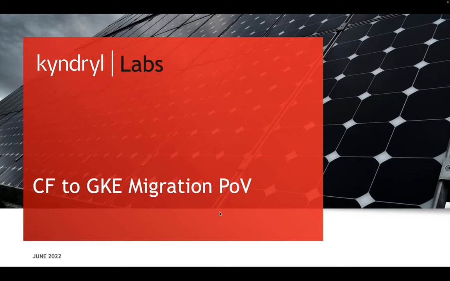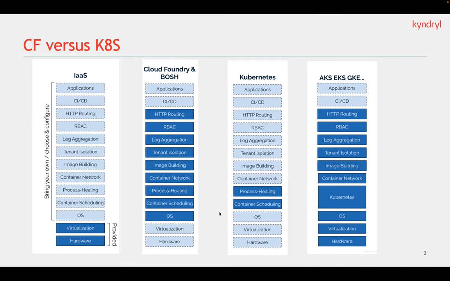So I want to talk today a bit about making that transformation or migration from a legacy Cloud Foundry to a modern cloud-based Kubernetes environment. The first thing to reflect on is what's the difference between Cloud Foundry and Kubernetes. If we look at this series of application stacks in front of you, a generic one shows all the levels in an IaaS platform on the far left.